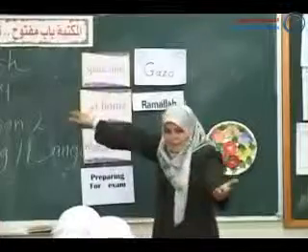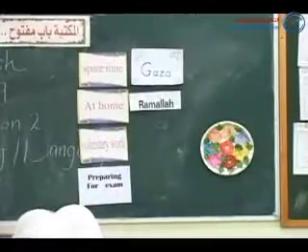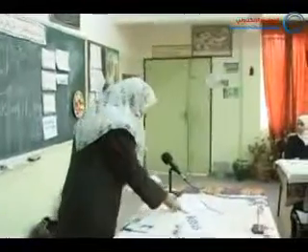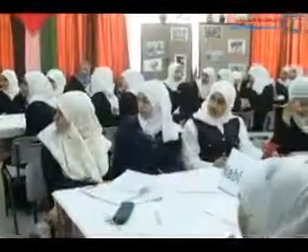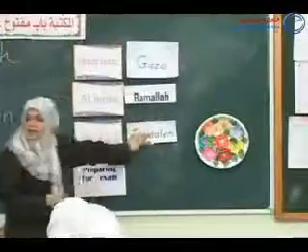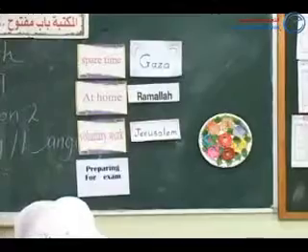We are going to use will and going to to speak about your spare time and about at home. Here we have voluntary work. Who will choose it? Jerusalem group. And the last one, do you want to speak about preparing for exam? Yes, Nablus group.